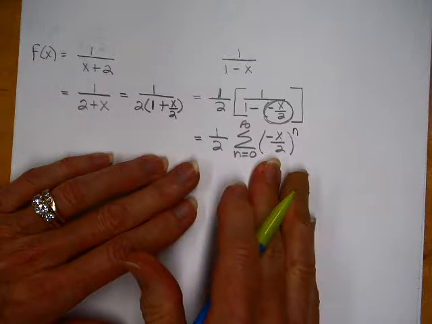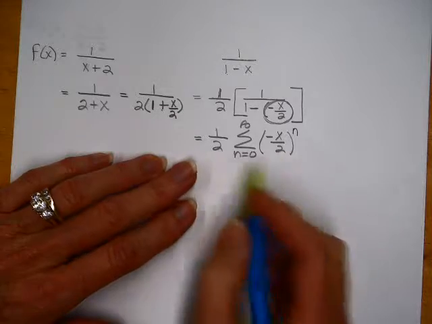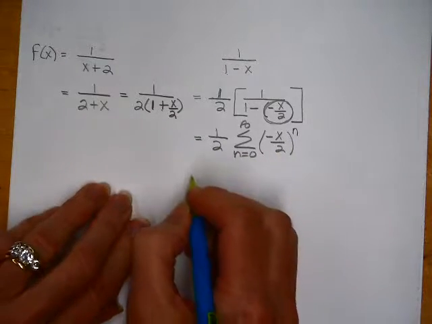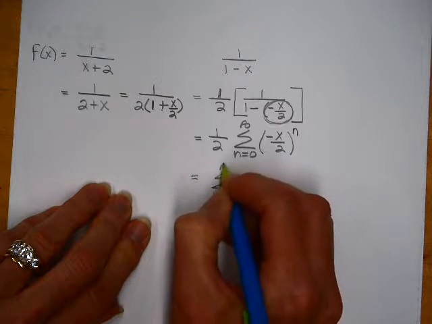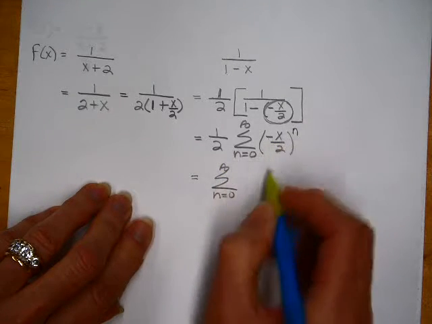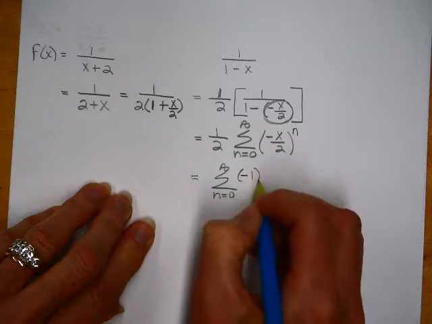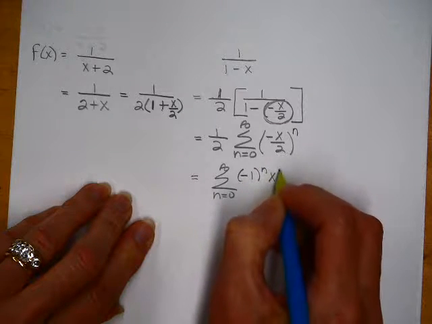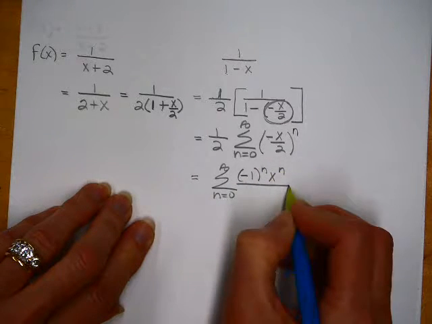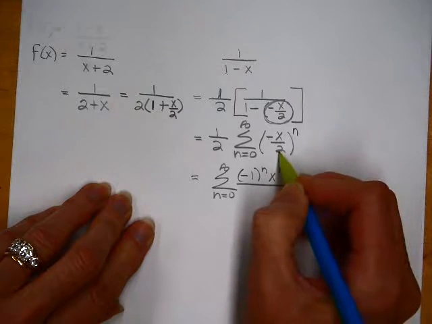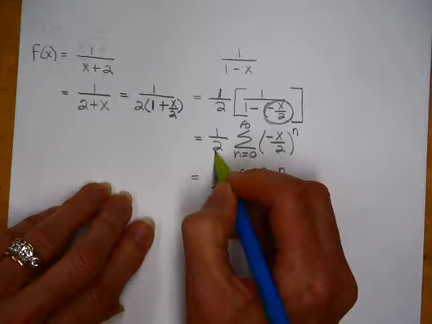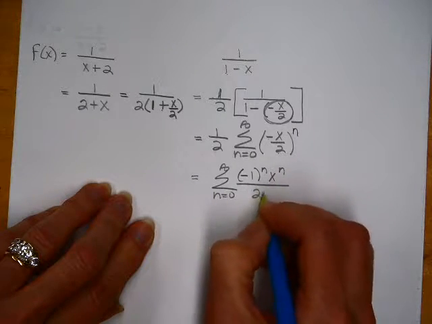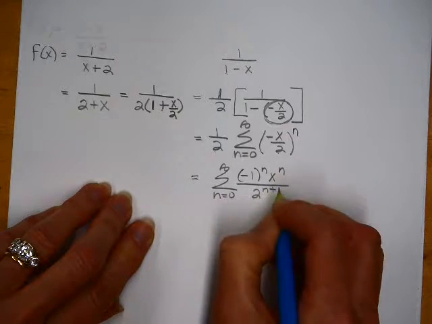This is not simplified enough. I need to pull this 2 into my summation. So this is n equals 0 to infinity. This negative x to the n is the same thing as negative 1 to the n, x to the n, over 2 to the nth power times 2, which gives me 2 to the n plus 1 power.